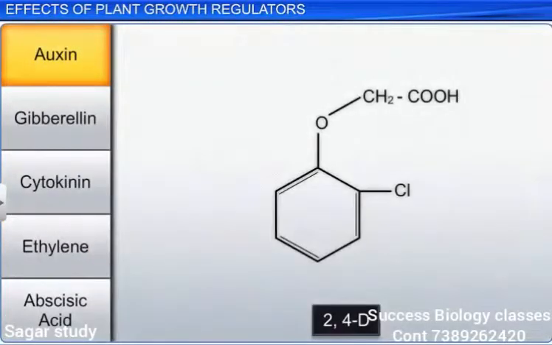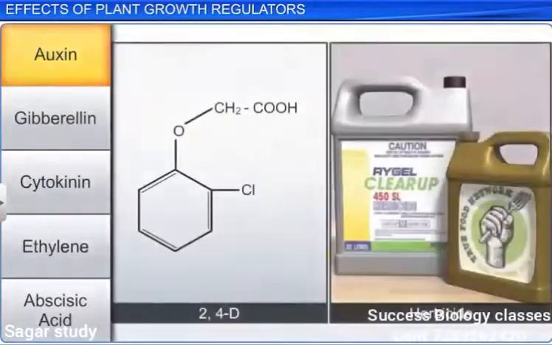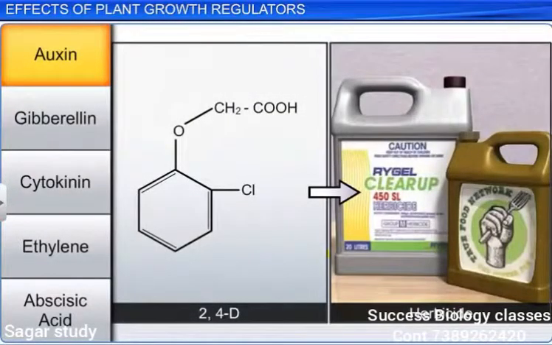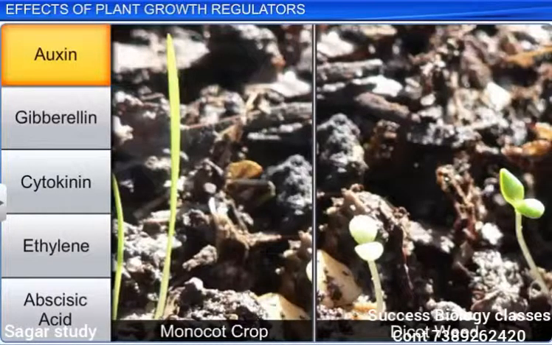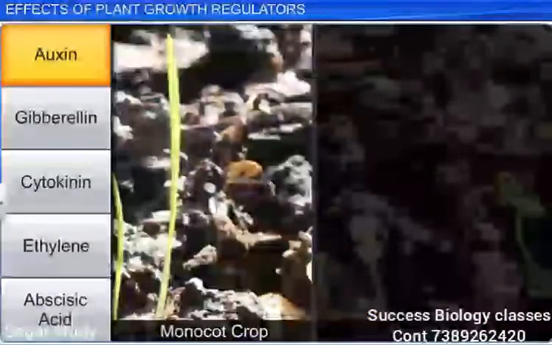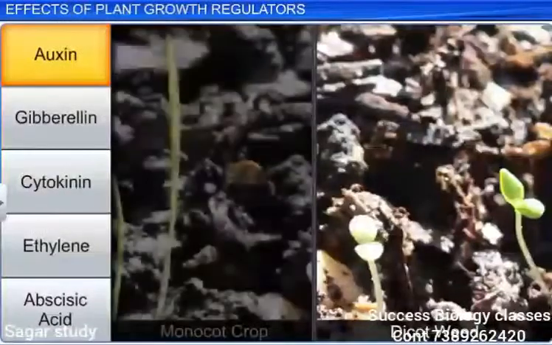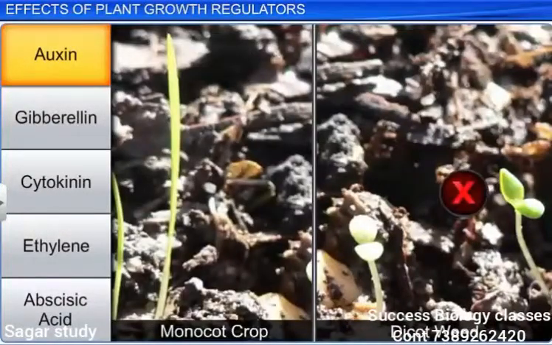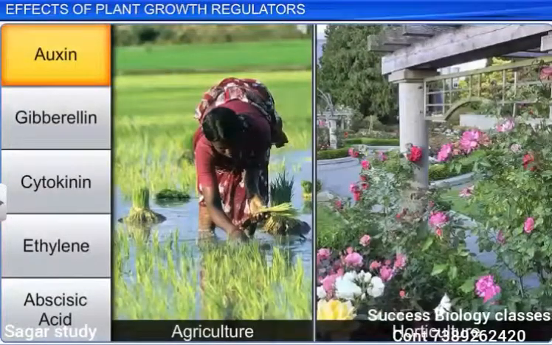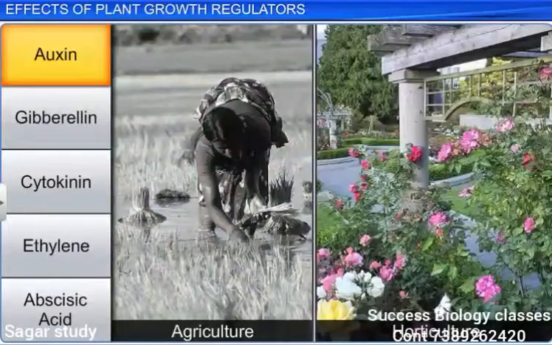Synthetic auxin 2,4-D is used as a herbicide. It uses the physical difference between the leaves of monocots and dicots to selectively kill dicots. Hence, it is widely used in agriculture and horticulture.